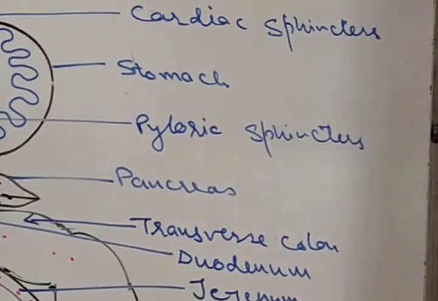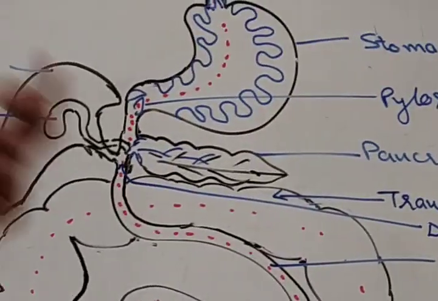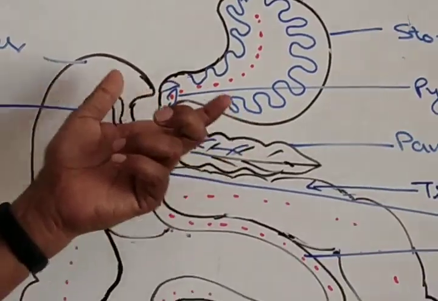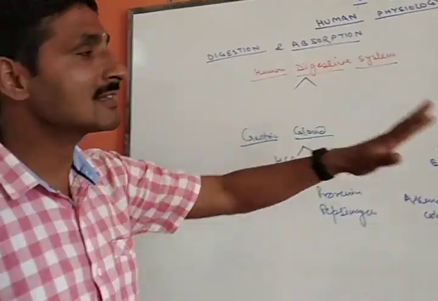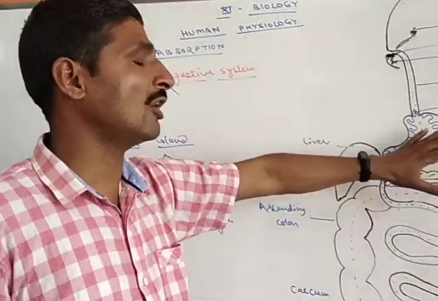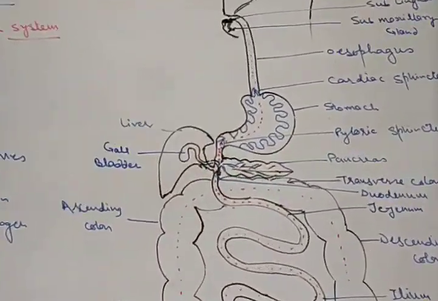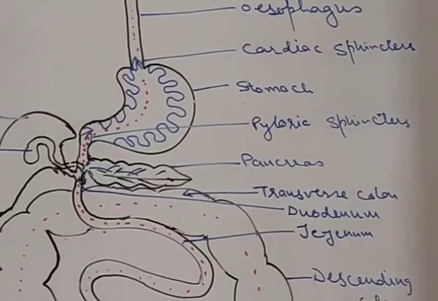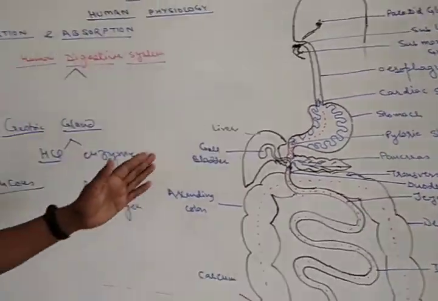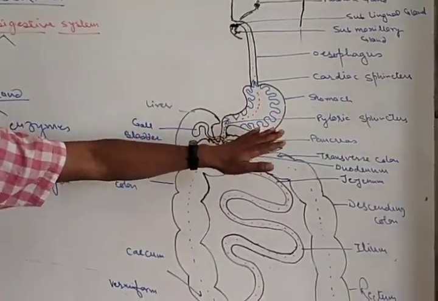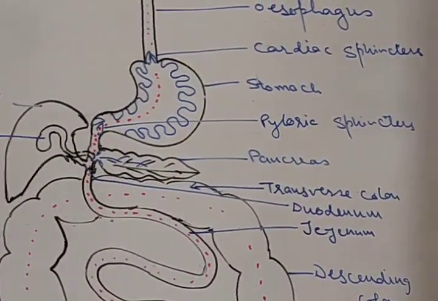Thus, cardiac and pyloric sphincters help the food to stay in the stomach during the process of digestion. Hence, the stomach is the major organ of digestion, which helps in mixing the enzymes, gastric juices and hydrochloric acid with food for the necessary process of digestion in the stomach.